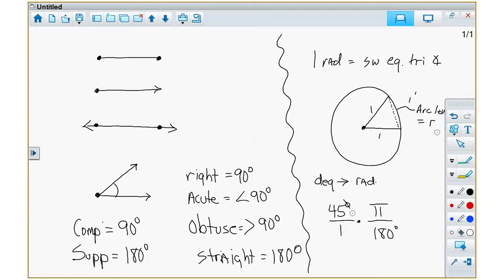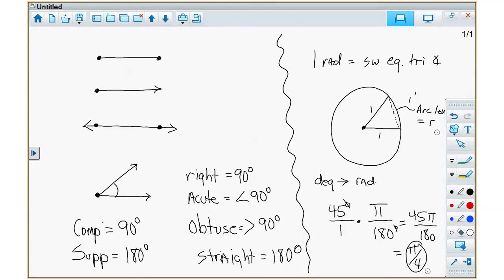So that the degrees cancel. And that leaves you with 45 pi over 180, and you reduce that down to what? Pi over 4. Okay.